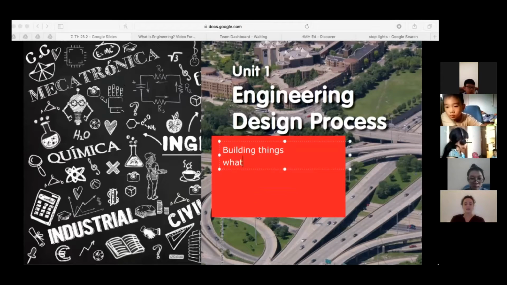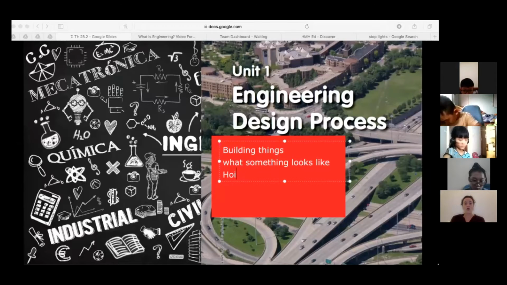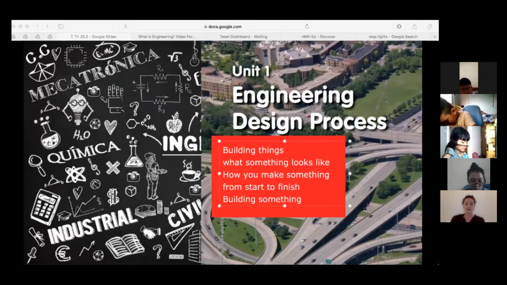Design is what something looks like, and process is how you make something from start to finish. Therefore, engineering design process is building something you design from start to finish.